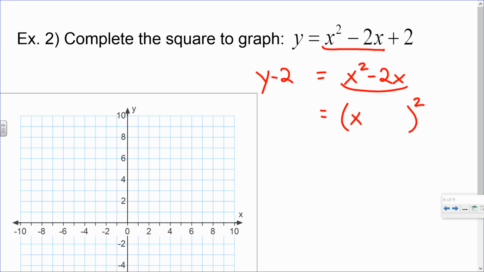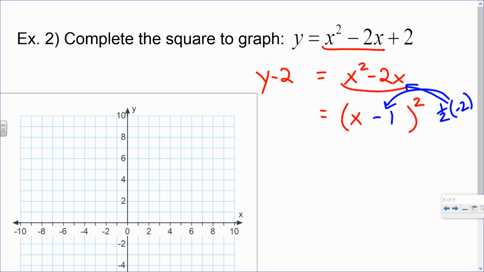We generally talked through a little bit different vocabulary on how we complete the square. We take half of whatever that x coefficient is. So we're going to take half of the -2, and that's what needs to go in here as a -1.